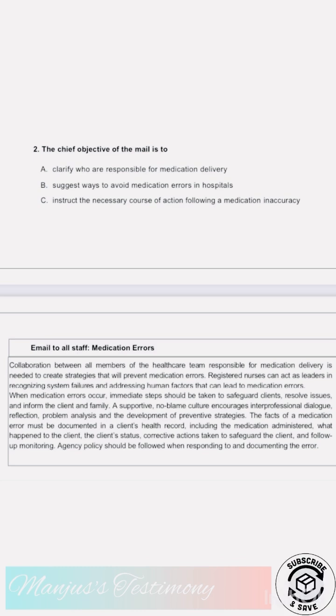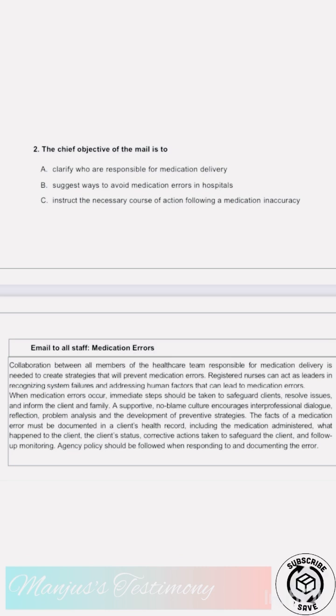We did not see anything that has to be done to avoid or prevent medication errors, right? All the sentences after the second sentence are about what actions need to be taken after a medication error occurs. Did you see any sentence about the prevention of medication errors in a hospital? Nothing. If you read from the first to the last sentence, nothing is saying about ways to avoid medication errors in hospital. So by reading the entire text, we can easily eliminate option B.